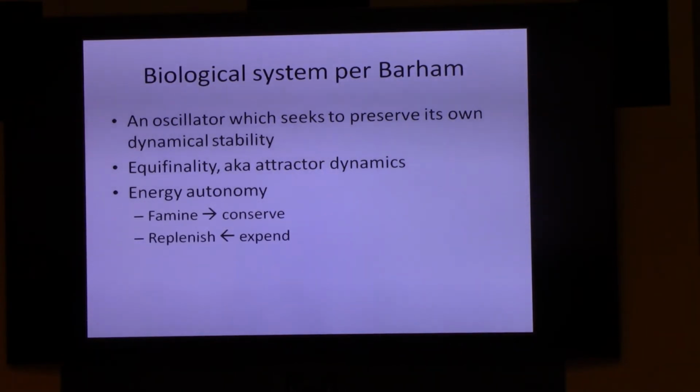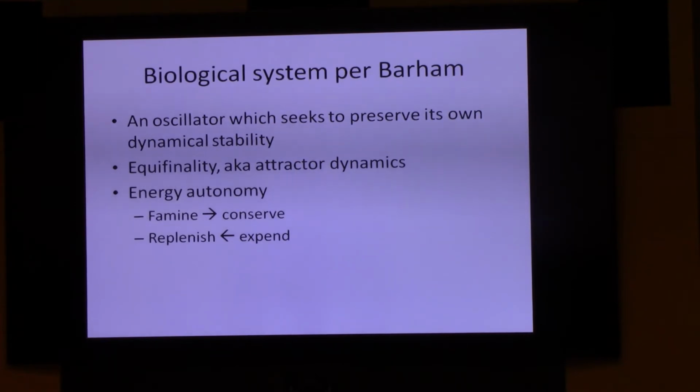Or it can choose to expend its energy in pursuit of replenishment. And so it has these choices. And in fact, this sets up a scenario in which the organism might have to choose what to do next.